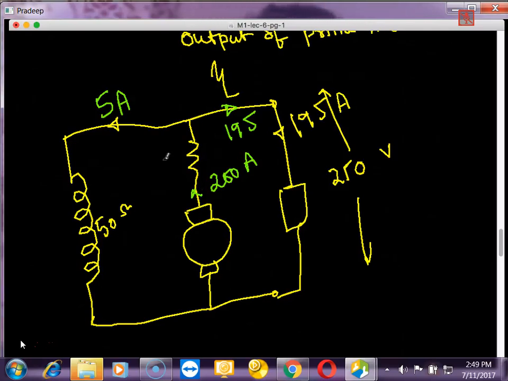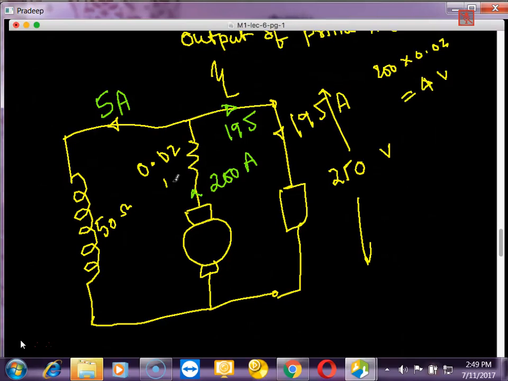But what is the armature resistance given? The armature resistance given is 0.02. So when 200 amperes is flowing through this resistance of 0.02, what will be the voltage drop? The voltage drop here will be 4 volts because of the IARA drop: 200 multiplied by 0.02 will be 4 volts.